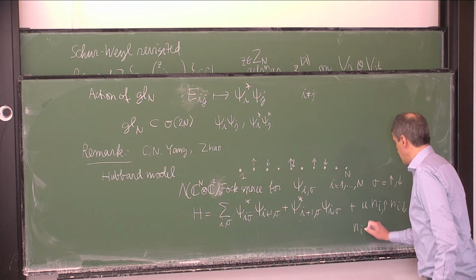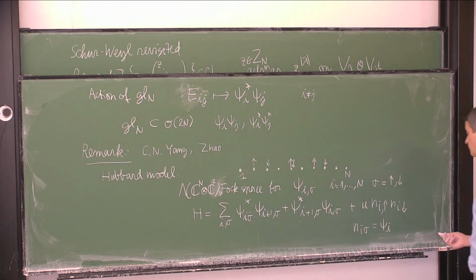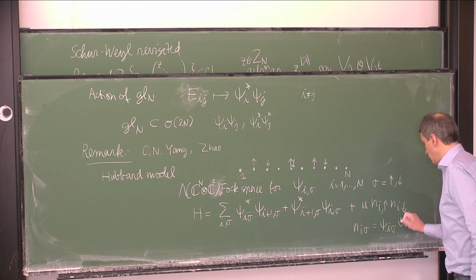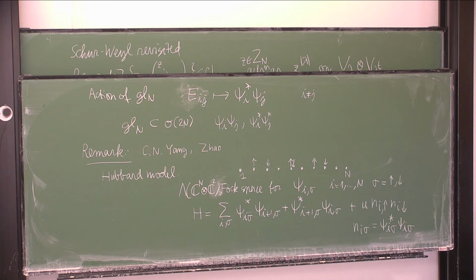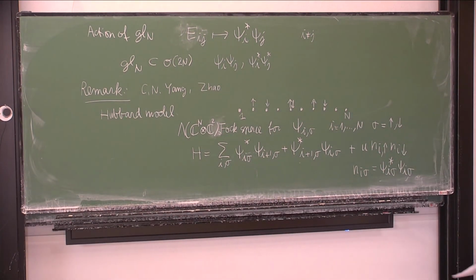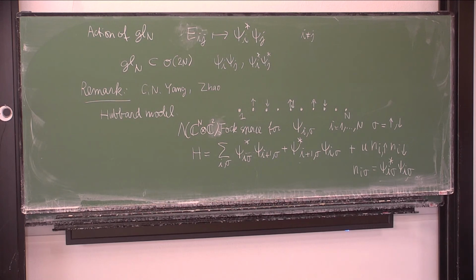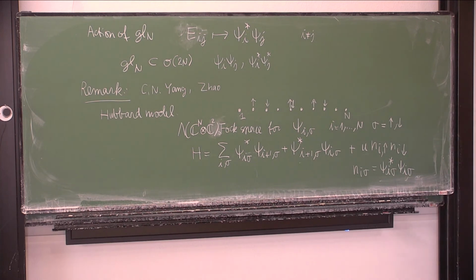And this n i sigma is the number operator, so it is 1 or 0, depending on whether you have a fermion there or not. And u is some positive constant, so states where you have 2 electrons at the same site are discouraged by this term.